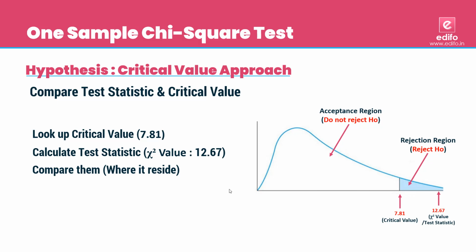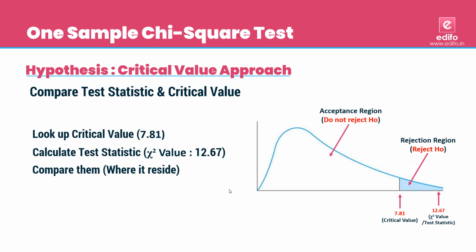Here in this example, 12.67 is to the right hand side of 7.81, or it is greater than 7.81. So our interpretation is that the null hypothesis is rejected. So we reject the null hypothesis and we are accepting the alternative hypothesis. So this is the critical value approach.